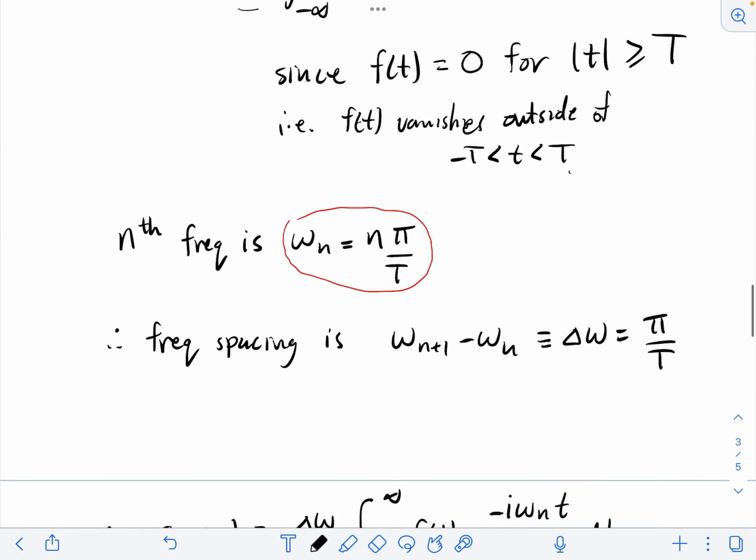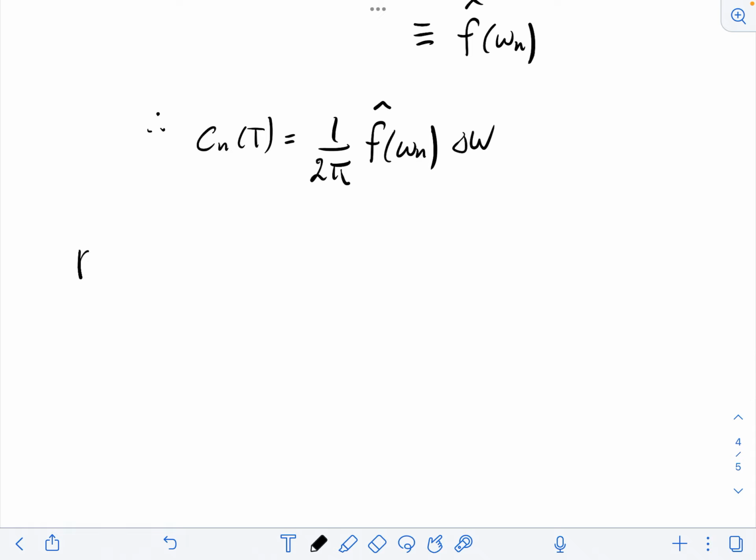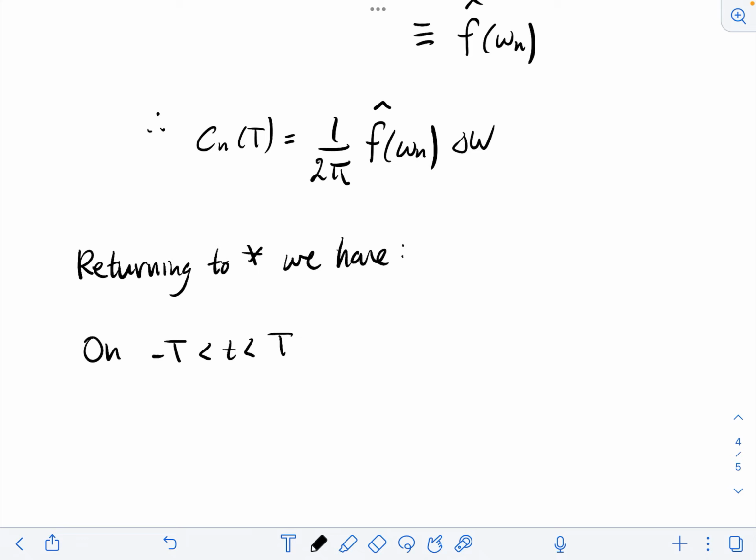So then returning to star, on the time interval from minus T to plus T, we said that our pulsed function of time is equal to the periodic function that we constructed. That periodic function can be written as a Fourier series, and so we sum from n equals minus infinity to infinity, and then we have the Cn.